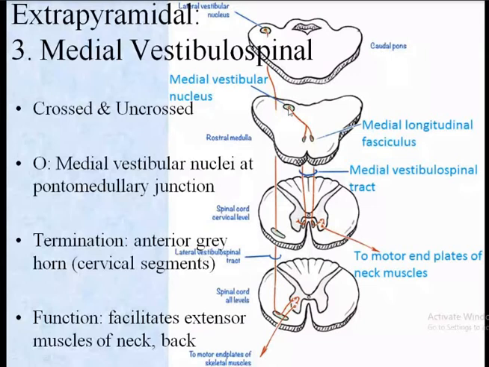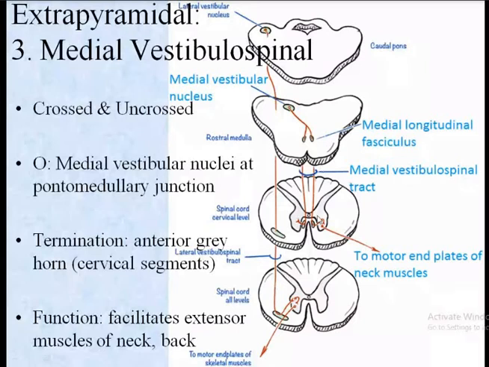The fibers arising from this medial vestibular nucleus descend with bilateral presentation, meaning both crossed and uncrossed fibers are present, which constitute the medial vestibulospinal tract. Its termination is obviously the same, the anterior gray horn.